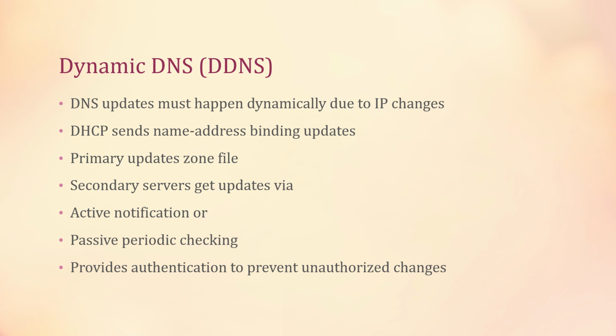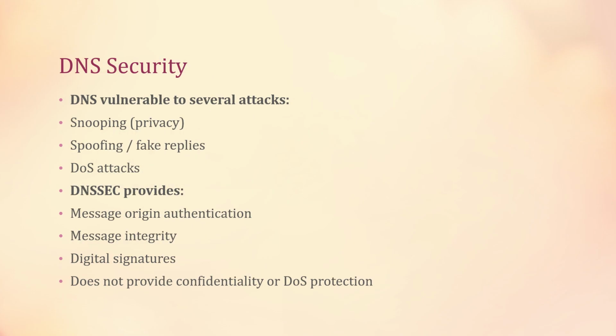This is called zone transfer. To provide security and to prevent unauthorized changes in the DNS records, DDNS can use an authentication mechanism. So, from this, we are moving to the very important topic, that is DNS security.